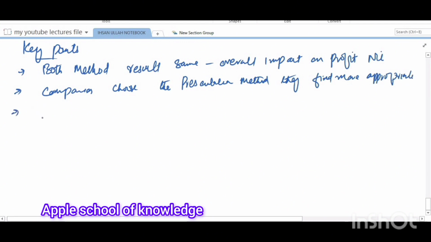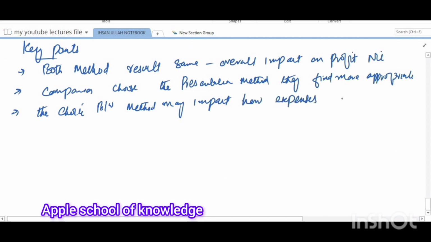The third thing, the choice between methods may impact how expenses are compared across entities.